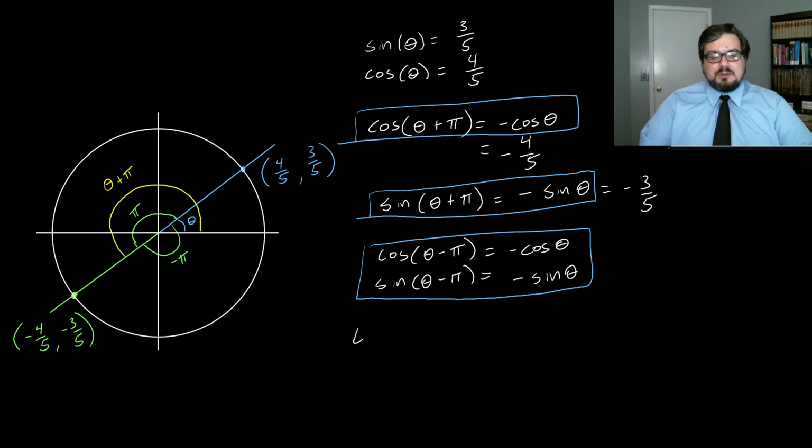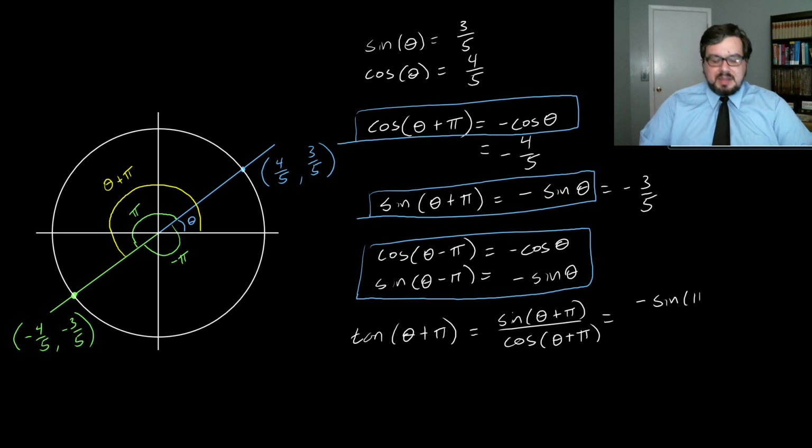On the other hand, what if we took tangent of theta plus pi? Tangent of theta plus pi is going to be sine of theta plus pi divided by cosine of theta plus pi. Sine of theta plus pi we just worked out is negative sine of theta. And cosine of theta plus pi is negative cosine of theta.